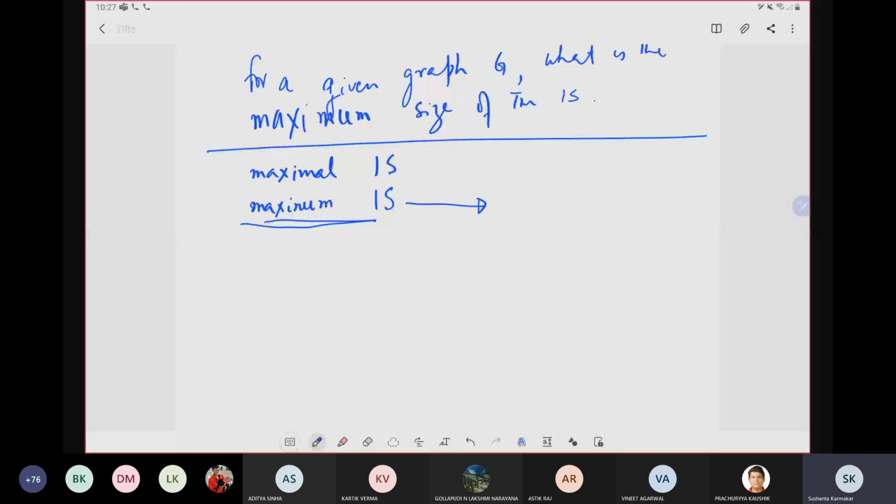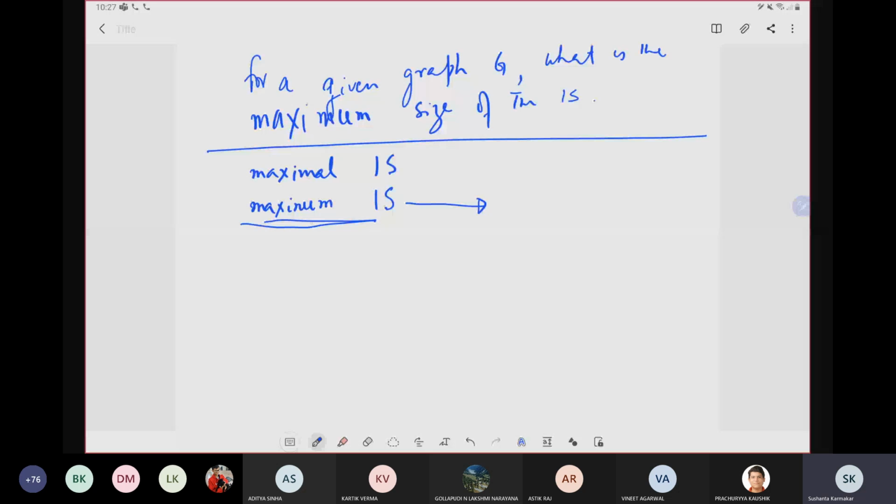That is known as maximal. But maximal may or may not be maximum. Maximum is always the largest, but maximal is sometimes maximum, but not always. It depends on the starting point, basically.